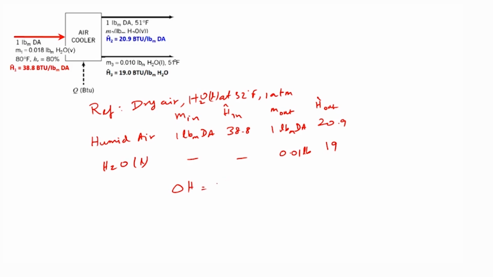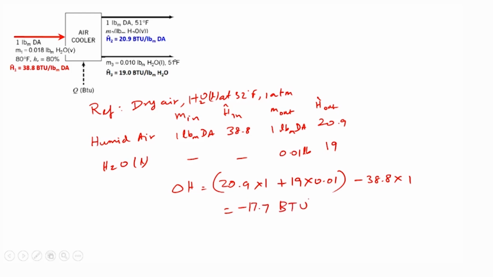Delta H would be 20.9 times 1 plus 19 times 0.01 minus 38.8 times 1. So this value is minus 17.7 BTU. Fitting this back into the general energy balance equation, Q equals delta H, which equals minus 17.7 BTU. So the amount of heat that needs to be removed would be 17.7 BTU.